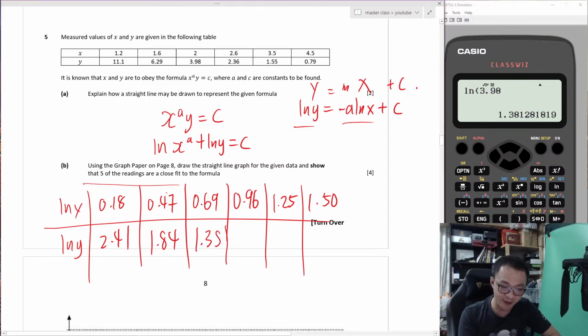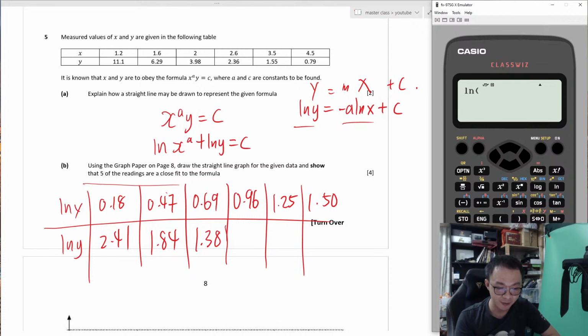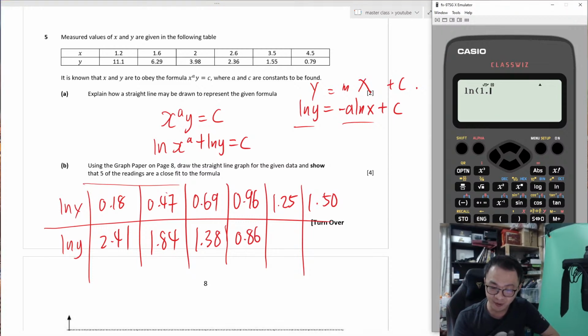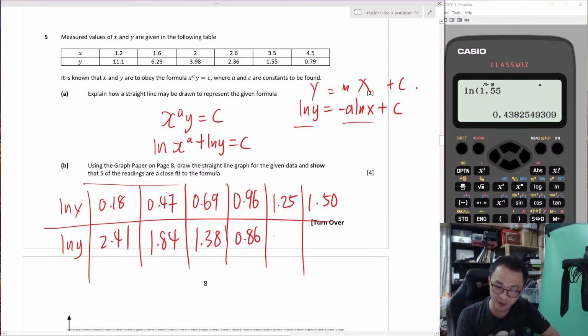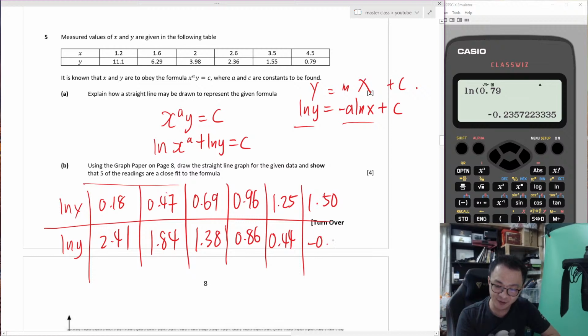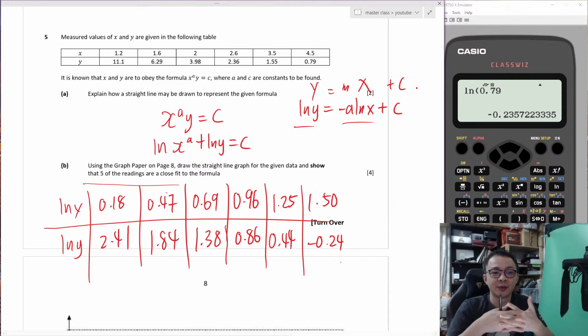This is 1.38, ln 2.36 is 0.86, ln 1.55 is 0.44, and then we have ln 0.79, negative 0.324. All right. So yeah, I hope I'm doing good here.